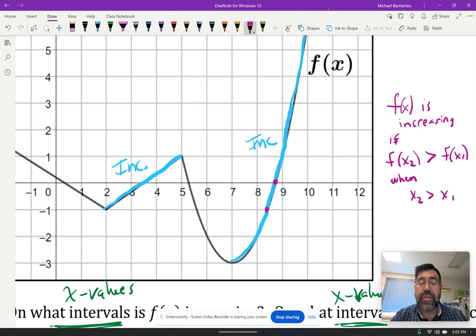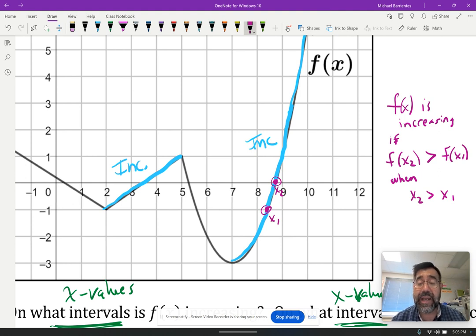In other words, the y value of the second point is bigger than the y value of the first point when the second point is a bigger value than the first point. This is just telling me that x2 is on the right side of x1, right? This is telling me that the y value is higher than the y value of the first point.